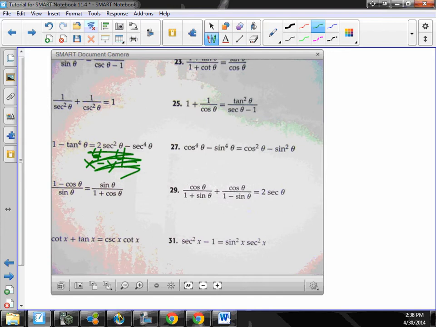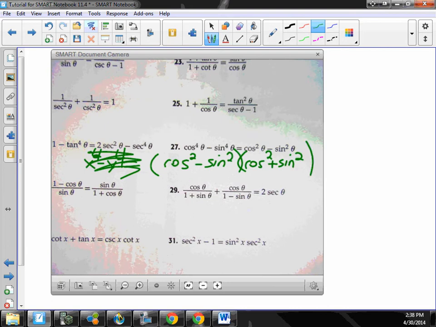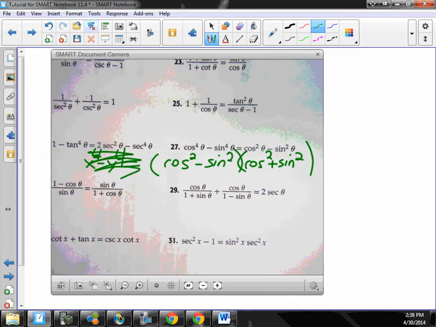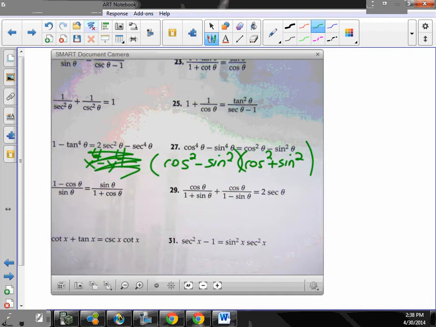So 27 is going to be cosine squared minus sine squared times cosine squared plus sine squared. Oh, that's really convenient. What do you notice about those two factors?